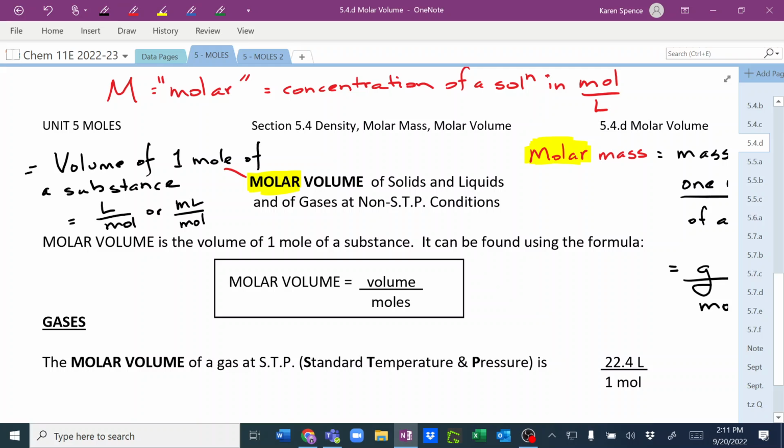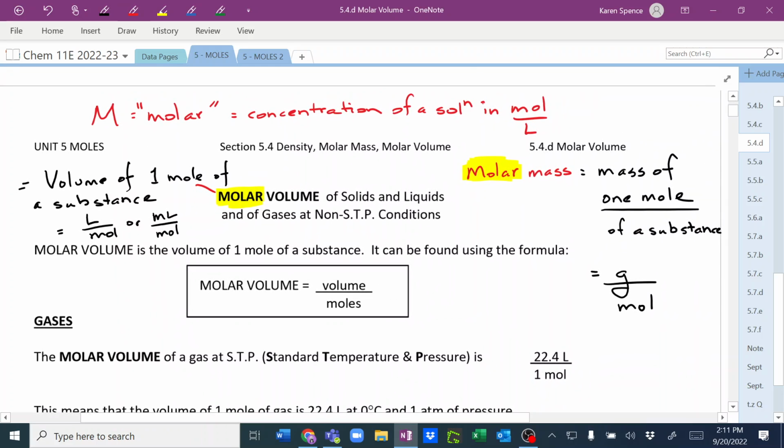Molar mass, mass of 1 mole. Molar volume, volume of 1 mole. The unit molar means the concentration of a solution in moles per liter. So that's the one that's a little bit different. You'll want to get those 3 terms straight in your head, okay?